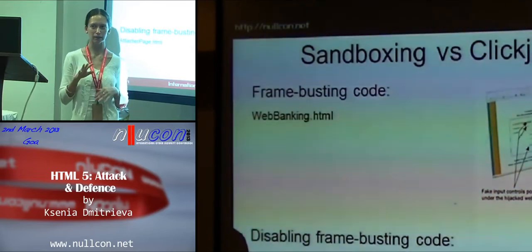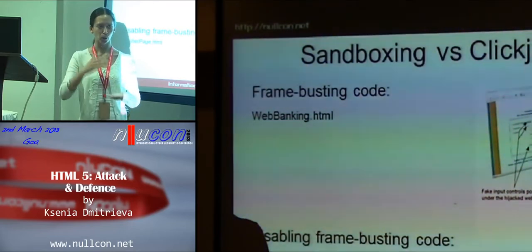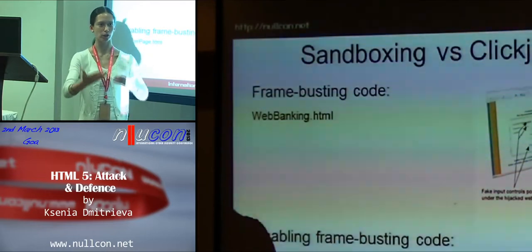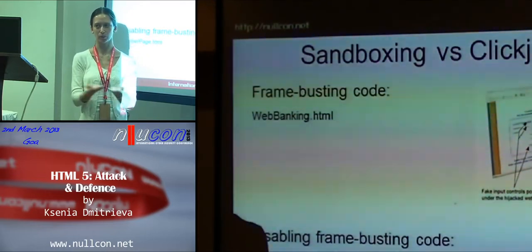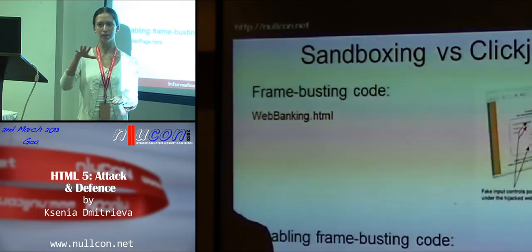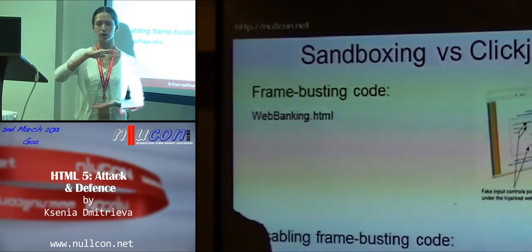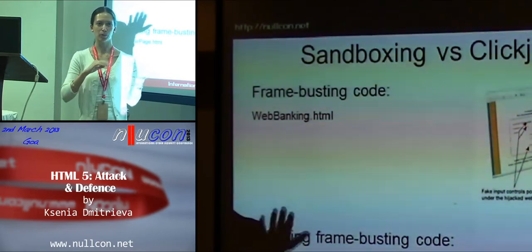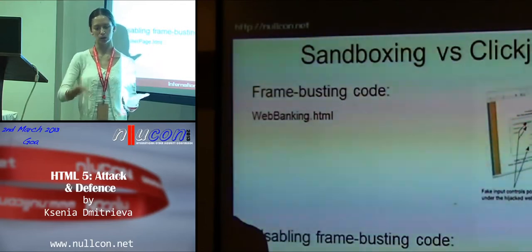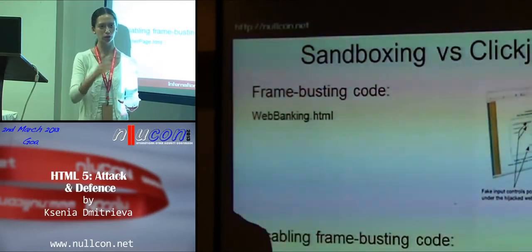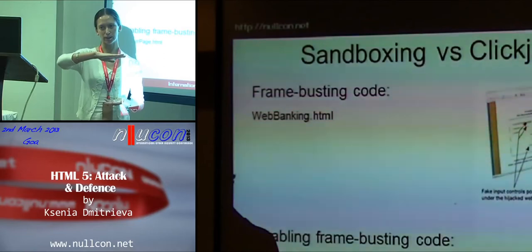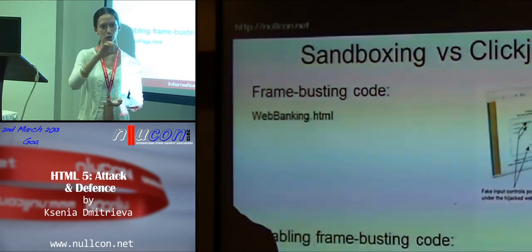Another type of clickjacking is vice versa, where the victim page is visible and it's on the bottom, and the attacker page is invisible and it's on the top. In this case, for example, the victim page is some banking login page, and the attacker page overlays it so that the attacker's controls are right over the login and password controls.